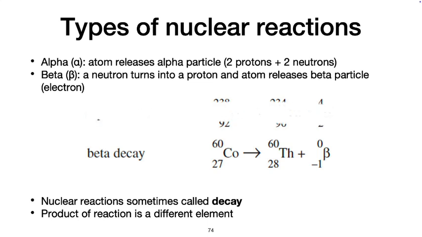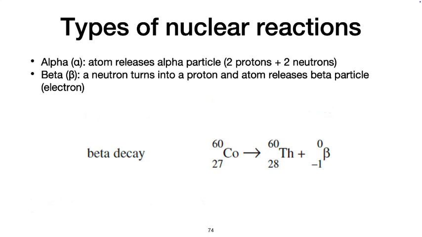There's other kinds of decays. There's a beta decay. What's going on with the beta decay? What do we write in the lower left-hand corner?